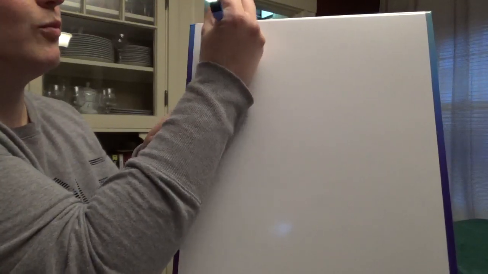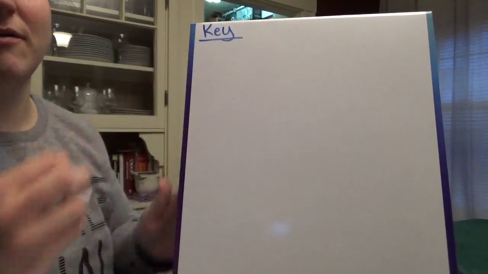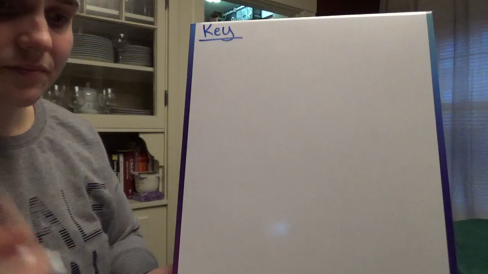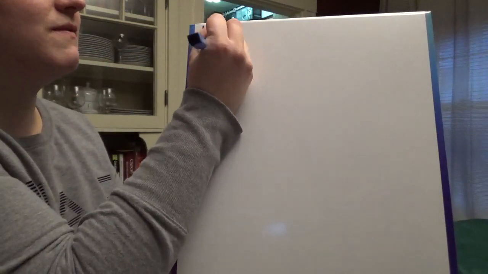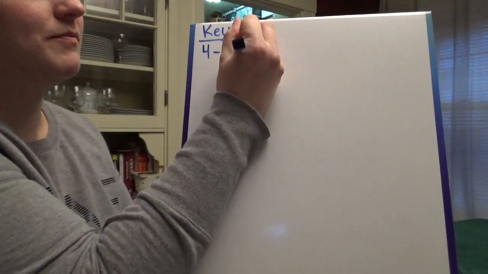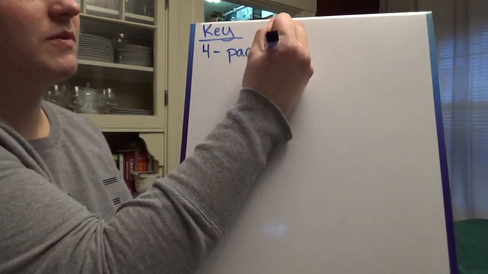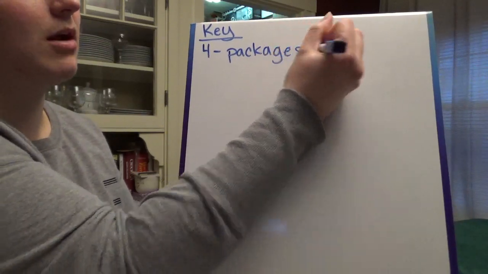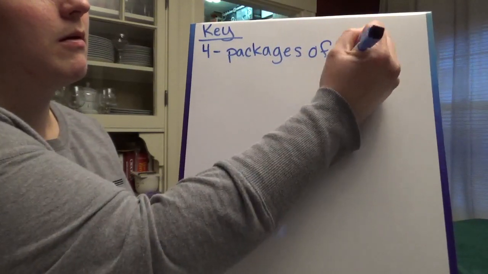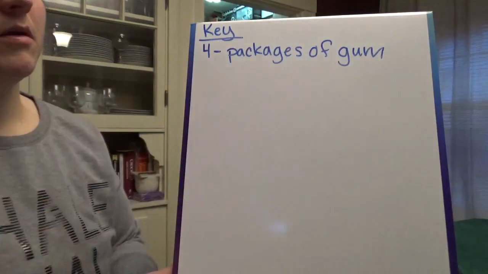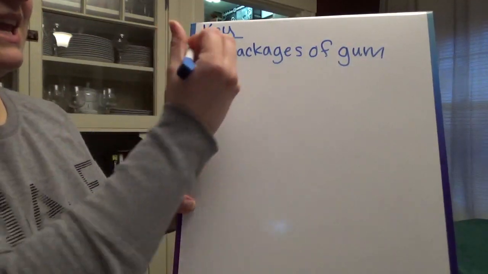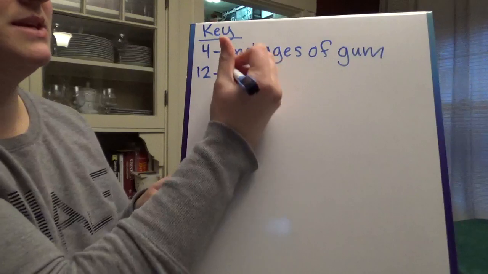Right now, I want you to set up on your paper, I want you to set up your key. We need to figure out the total amount of pieces of gum that she has. We know she has 4 packages of gum. So you can follow along and copy me as I go. We also know that each package, there are 12 pieces.